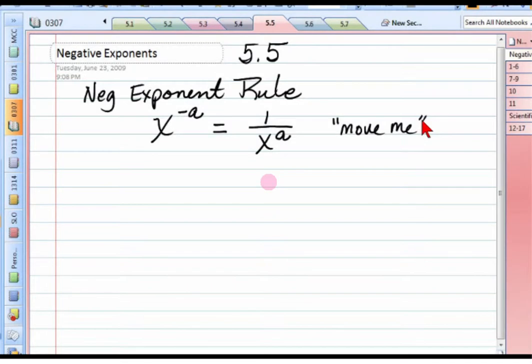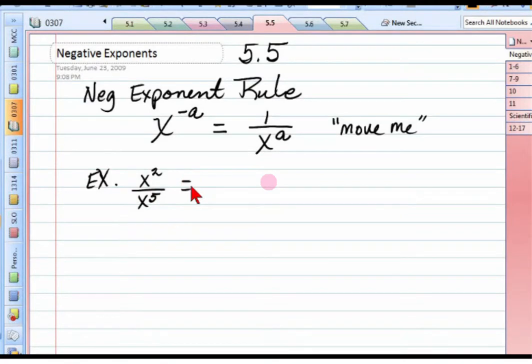A negative exponent in my everyday language says, move me. A negative exponent says, move this base across the fraction line, and the base will then be raised to a positive power. Let me see if I can convince you of that. What if I had x to the second over x to the fifth? What does the quotient rule say to do with those exponents? Subtract, doesn't it? That would be x to the 2 minus 5.